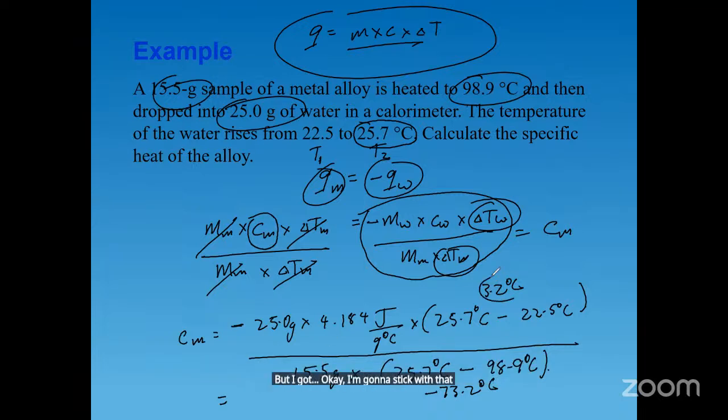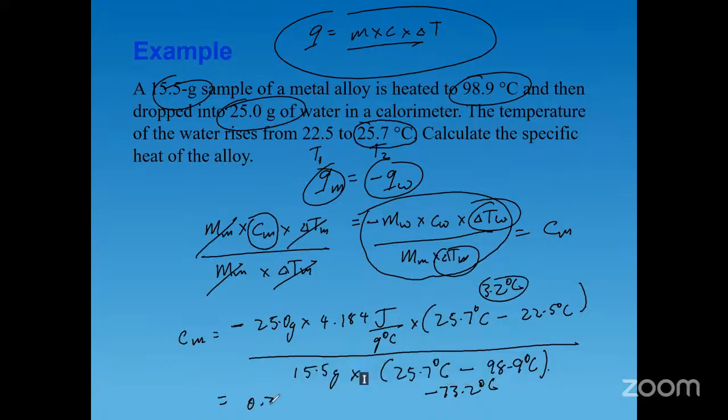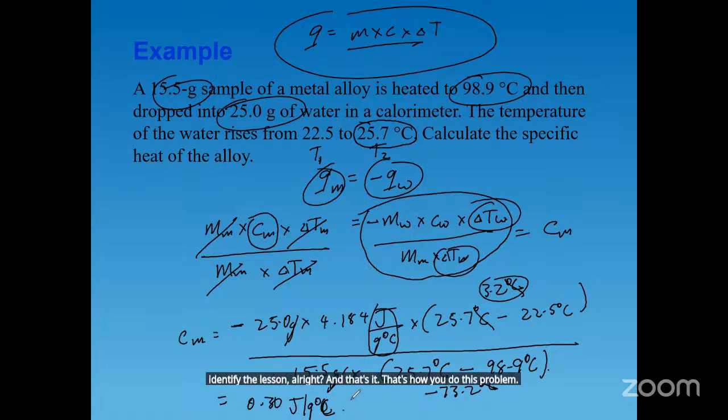Okay, because of this, I have to round to 2 sig figs. I got 0.30, right? And the unit for this will be joules per gram degrees Celsius, because the gram units will cancel out here and here. Degrees Celsius will cancel out here and here, right? So this collection of units will remain intact in the final answer, all right? And that's it. That's how you do this problem, all right?